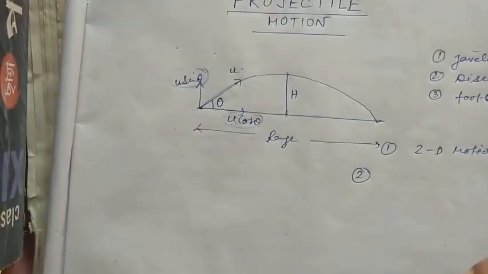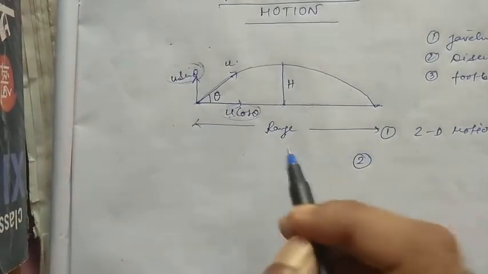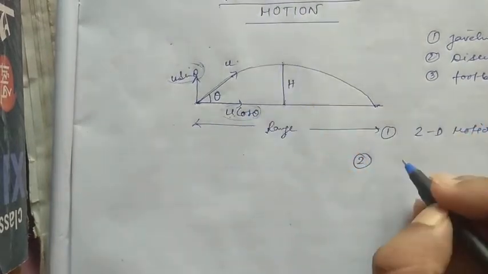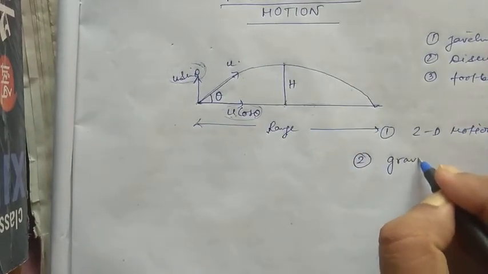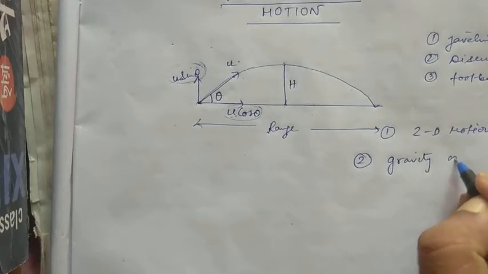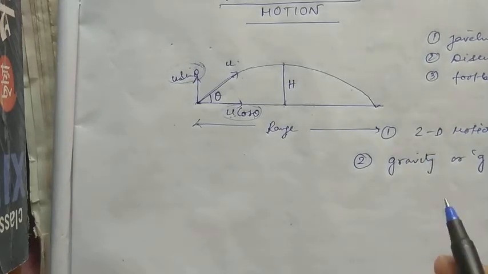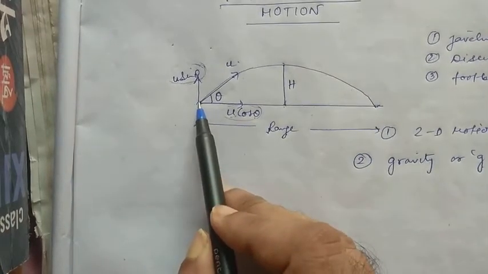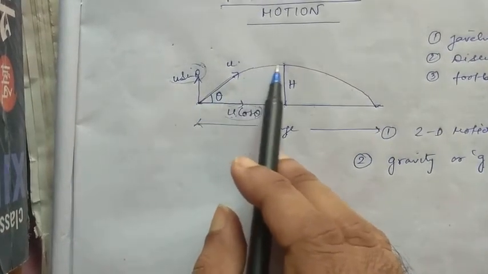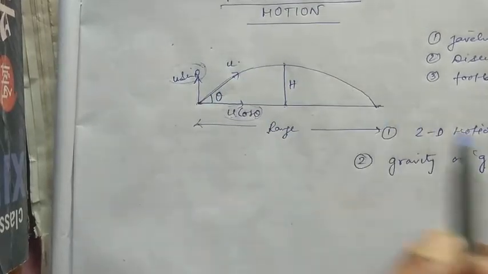Now the most important thing is that projectile motion is under the effect of gravity, or g. Because of this g, the projectile moves upwards and then comes down to the earth.